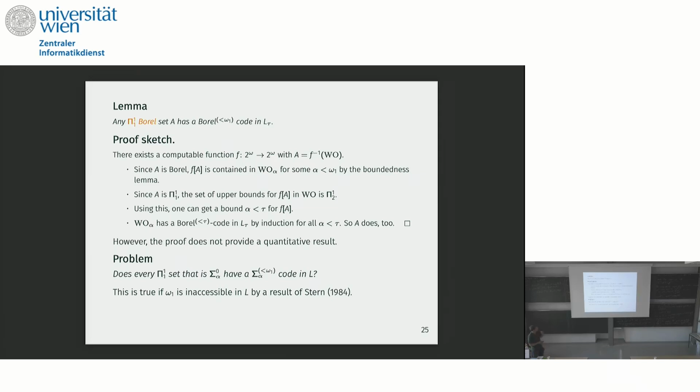Well, our set is pi1, so it's the preimage of the set of well orders by a function f, but it's also Borel, so the image is an analytic set, and that's bounded by some alpha. So therefore, we have upper bounds, and the set of upper bounds is pi1, 2.